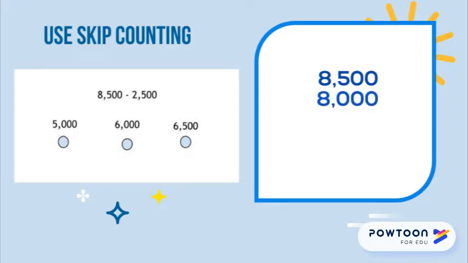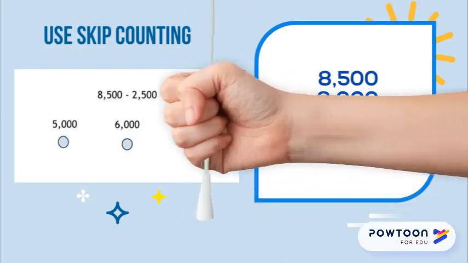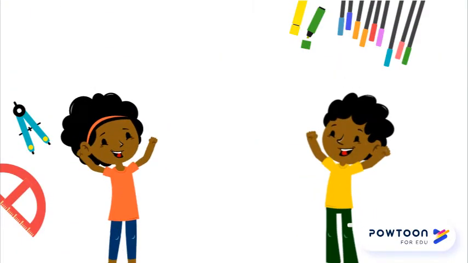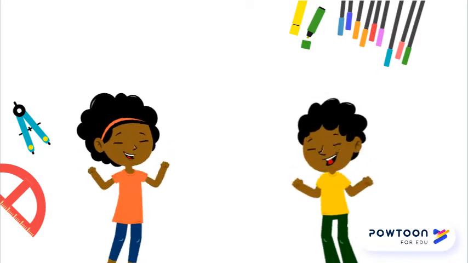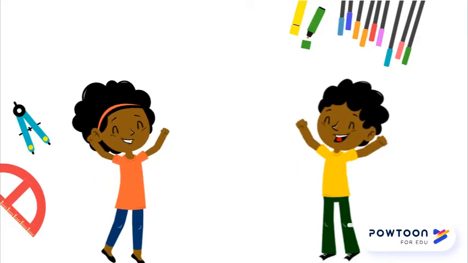Now I've got to skip count by thousands. I've got to do that 2 times because we have 2,000. So 8,000, then 7,000, then 6,000. So the answer's 6,000. We did it! Skip counting made solving that problem so easy. We first just had to skip count by 500s and then by thousands, and we got the answer.